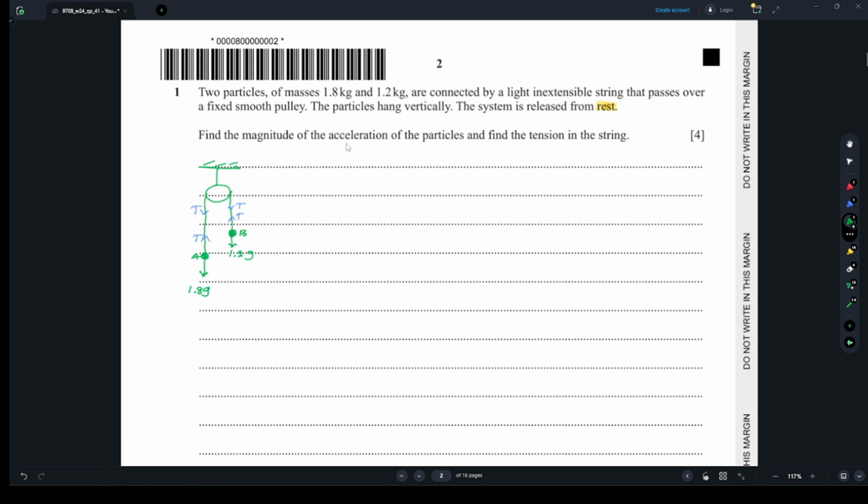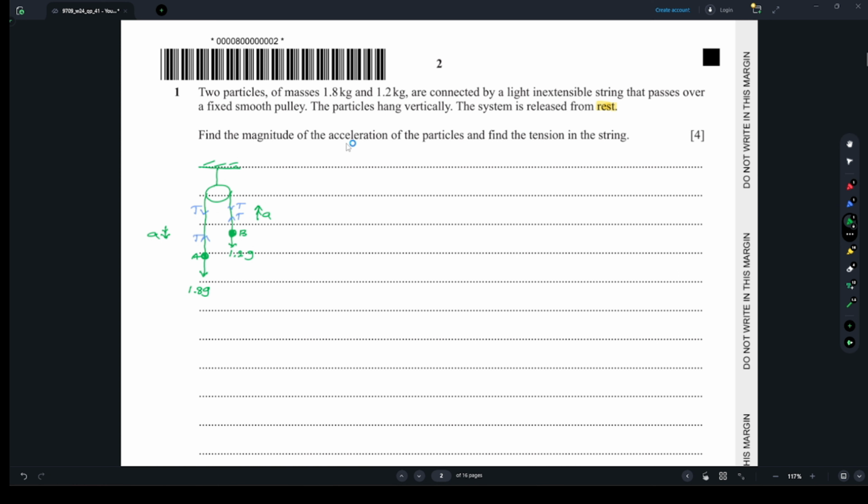Let's assume mass A starts to move downwards, and mass B starts to move upwards with the same acceleration, because they are connected.